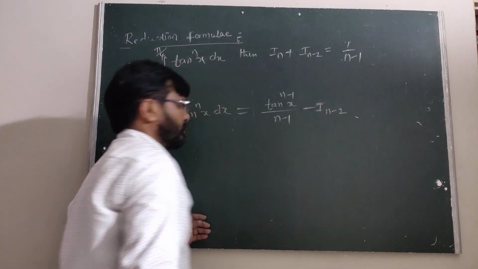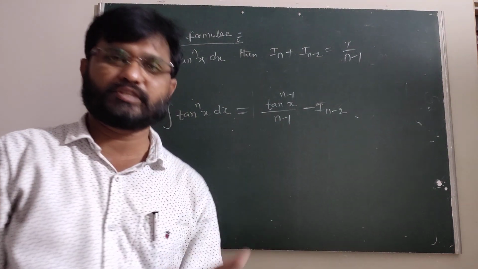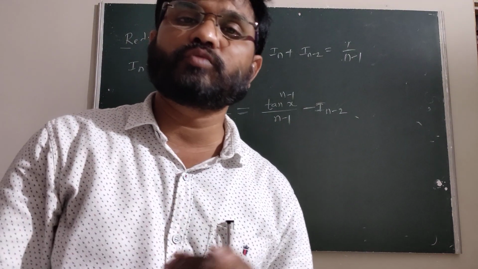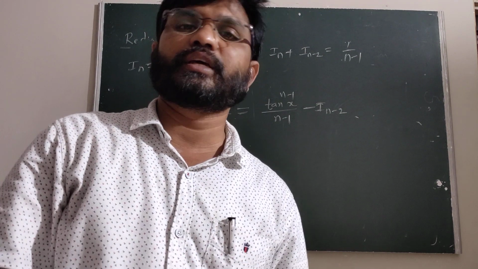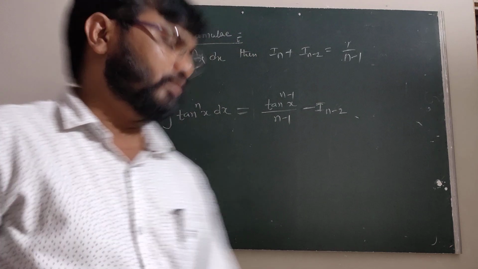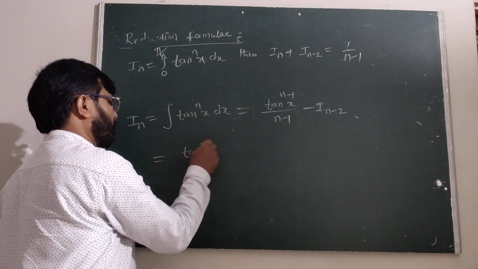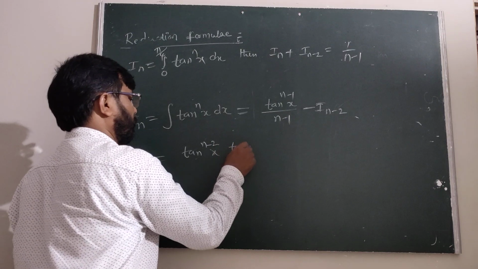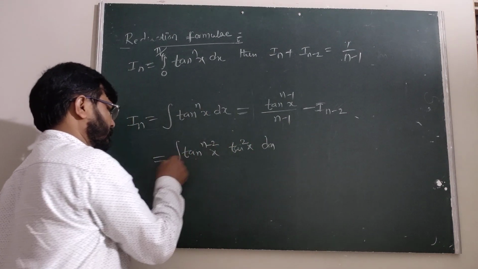In that case, we have to know that tan power n minus 2 x into tan square x, where tan square x we write as secant square x minus 1. After multiplication, we have to take, is it clear? How to prove it: this is tan power n minus 2 x into tan square x dx. The minus 2 and plus 2 are cancelled.